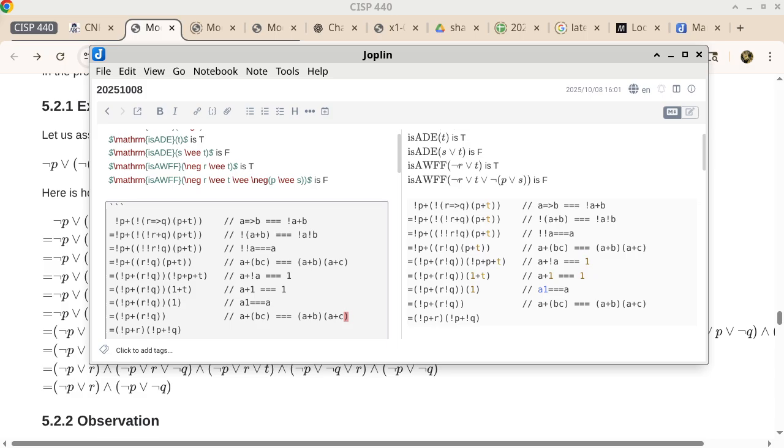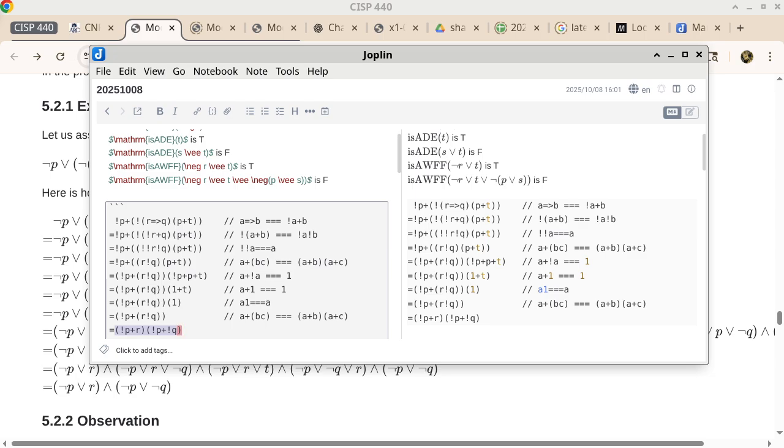And is this CNF? If you look at the last row, let me use a mouse pointer to point to it, does it meet all the requirements? The overall operation is a conjunction of stuff. Each item in the conjunction is a disjunction. That looks like a disjunction. That looks like a disjunction.